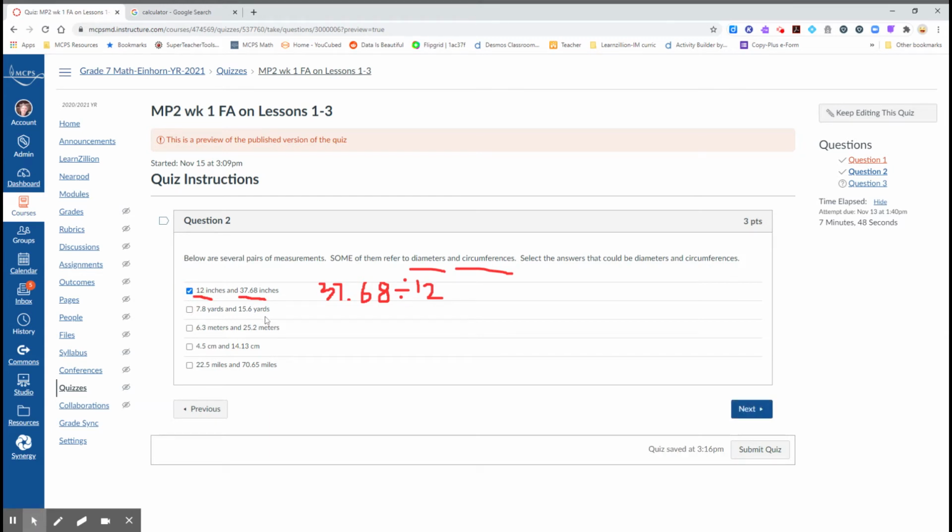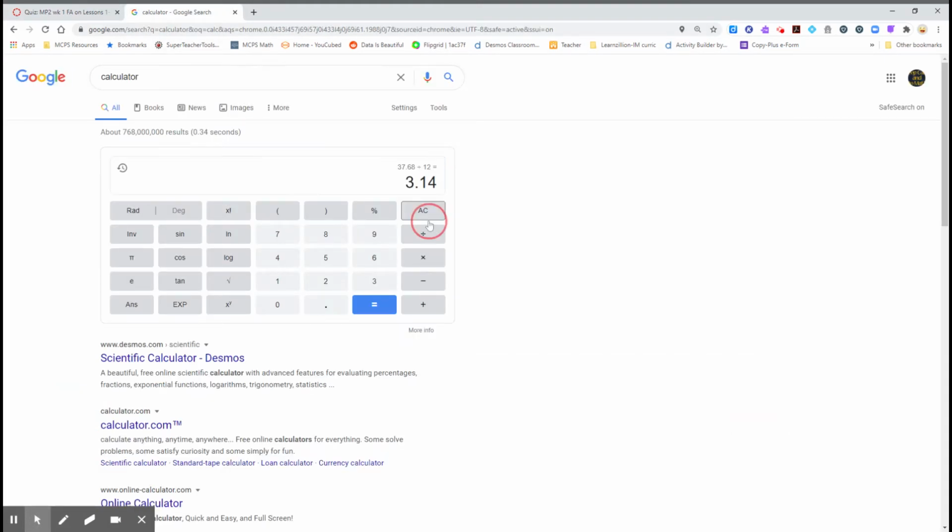What about the next one? 15.6 divided by 7.8. So I'll write that out. And again, notice we're dividing right by left, which is the way we always do it.